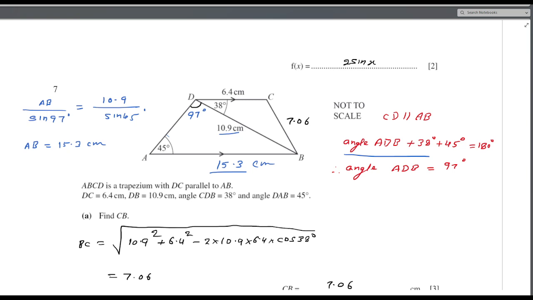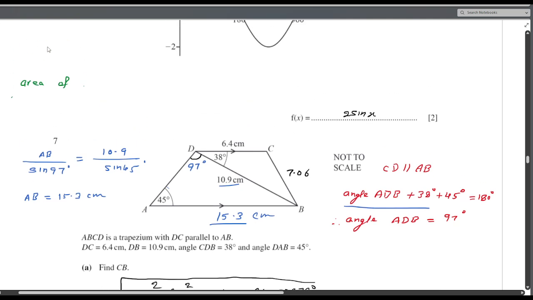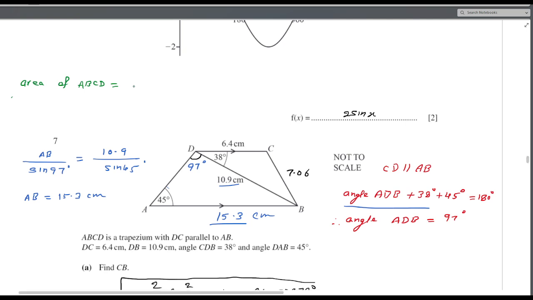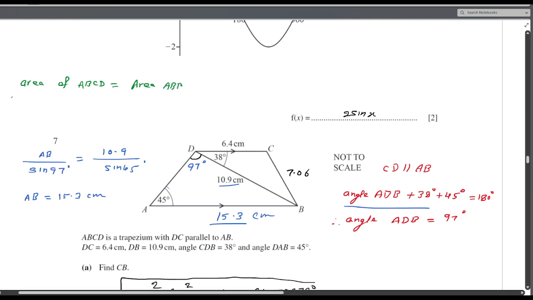So the area of trapezium ABCD is equal to the area of triangle ABD plus the area of CBD.